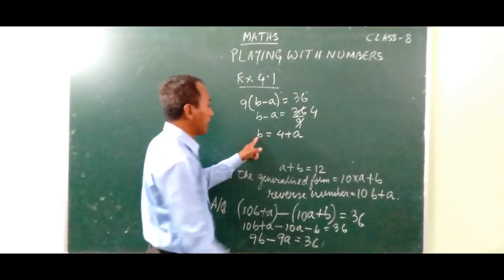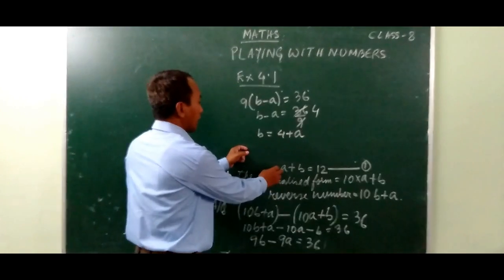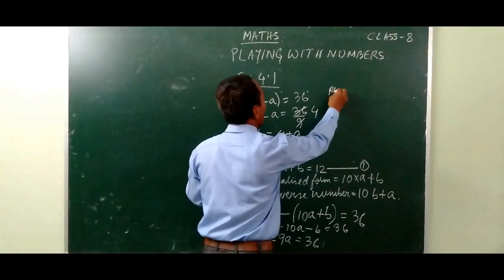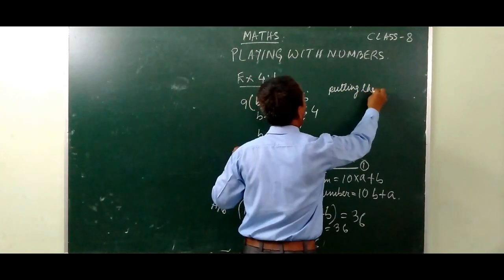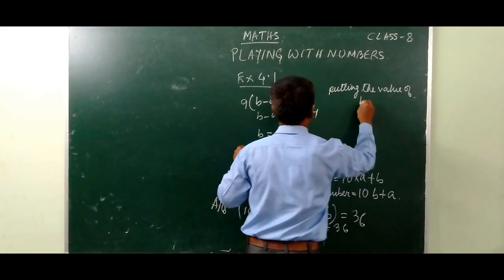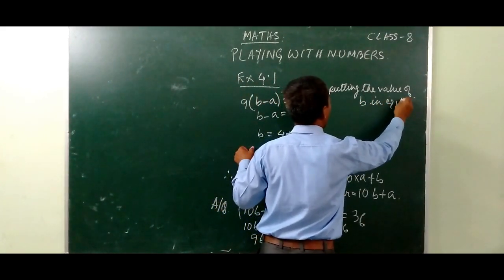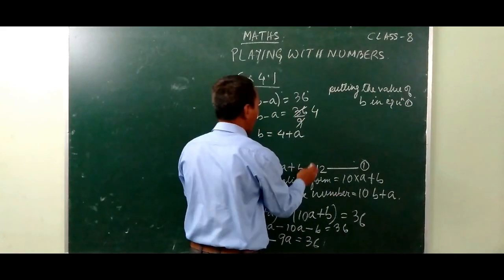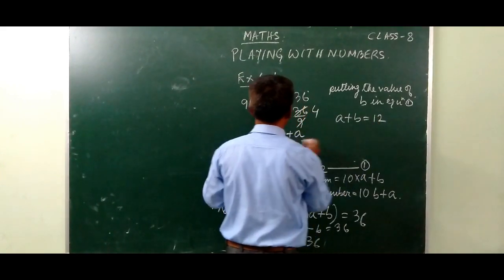Put this value of b in equation 1. This is equation 1. Equation 1 is a plus b is 12. What is the value of b?